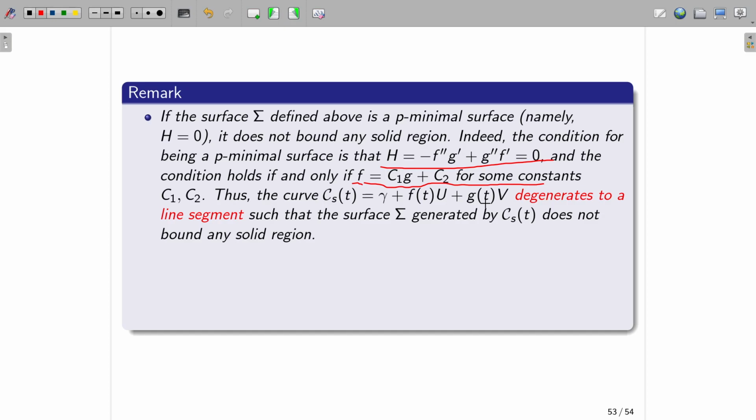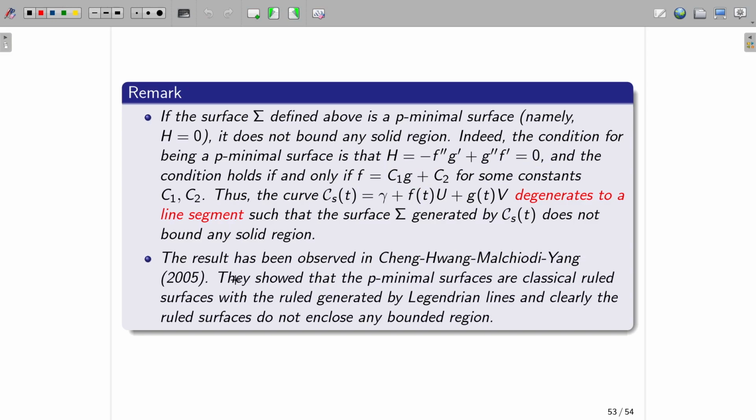Thus, it degenerates to a line segment such that the surface cannot bound any domain. So it's like a degenerate case.